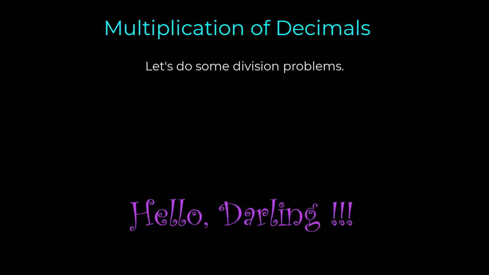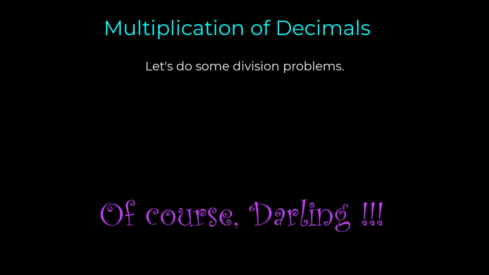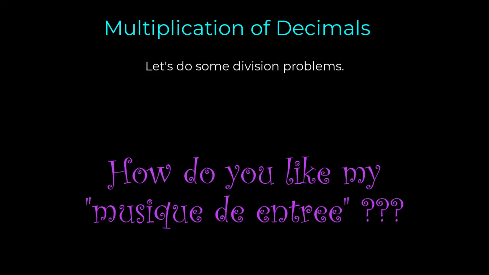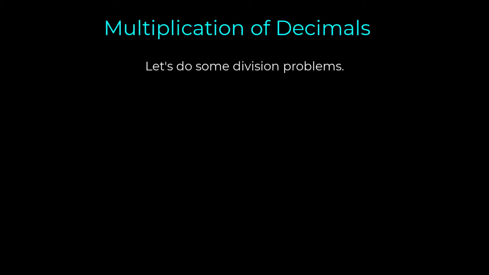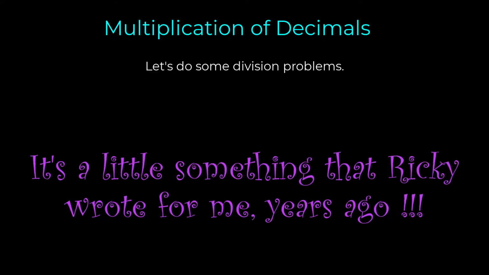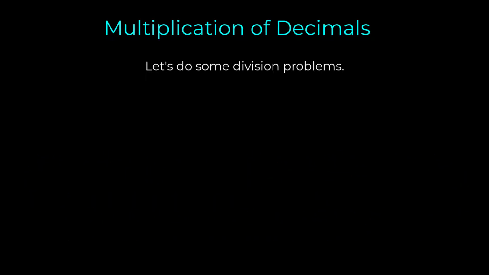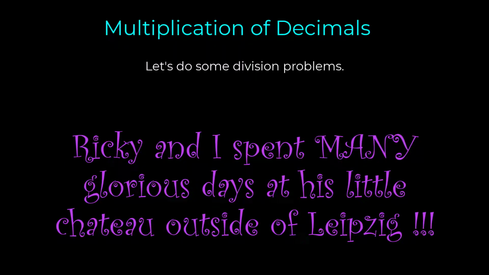Hello, darling. Is this the Decimal Diva again? Of course, darling. How do you like my musique d'entrée? I think it is quite dramatic. It's dramatic, all right. You chose The Ride of the Valkyries? It's a little something that Ricky wrote for me years ago. Ricky? Do you mean Richard Wagner? Ricky and I spent many glorious days at his little chateau outside of Leipzig.